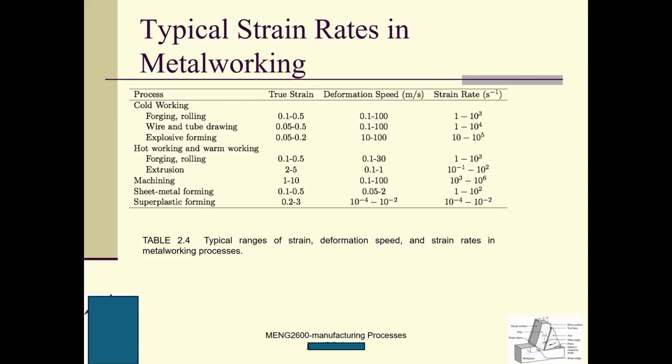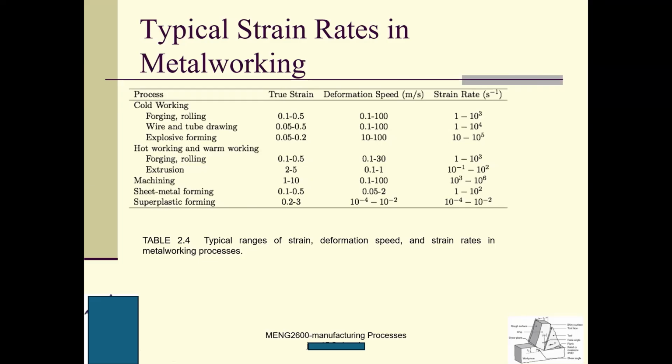The difference is that for cold working, the operating temperature is below the recrystallization temperature of the material. Hot working means that the operating temperature is above the recrystallization temperature of the material.